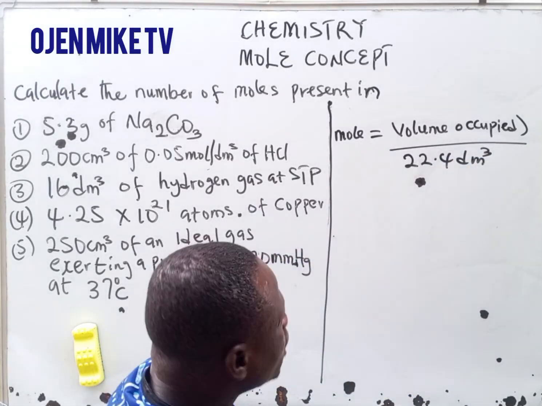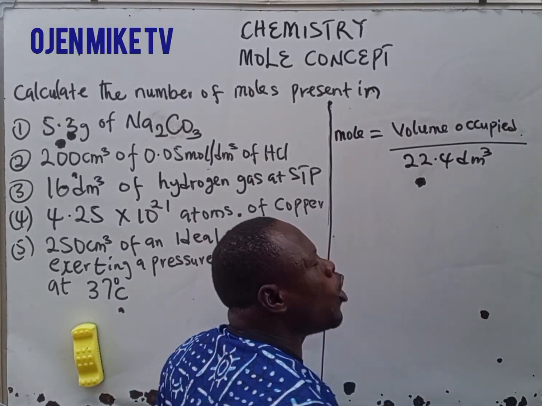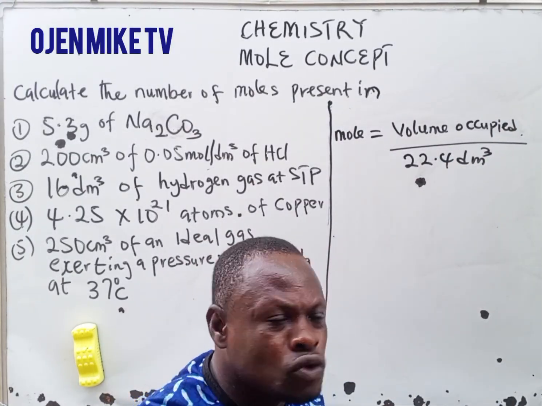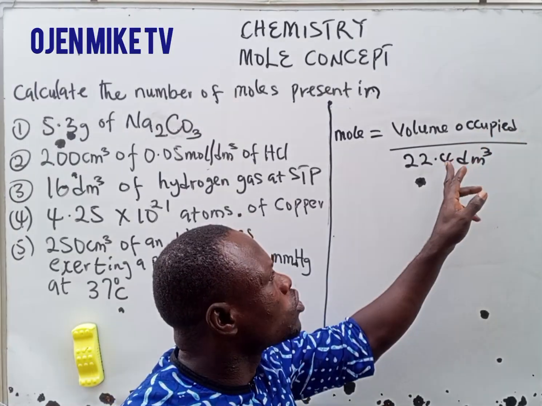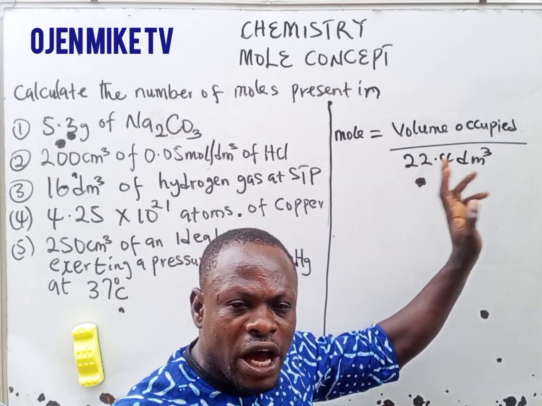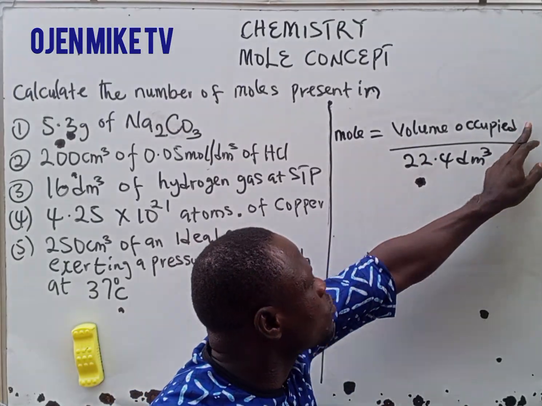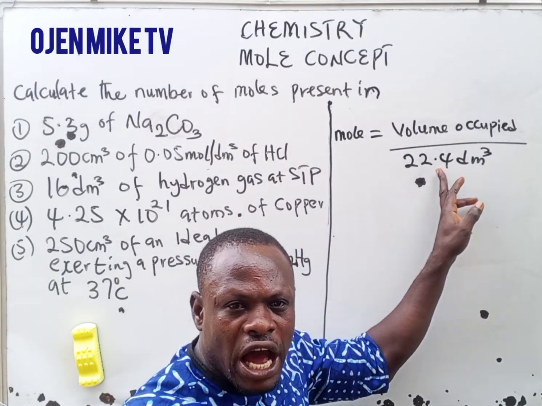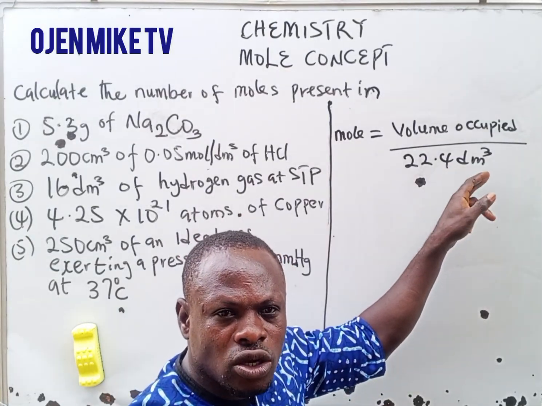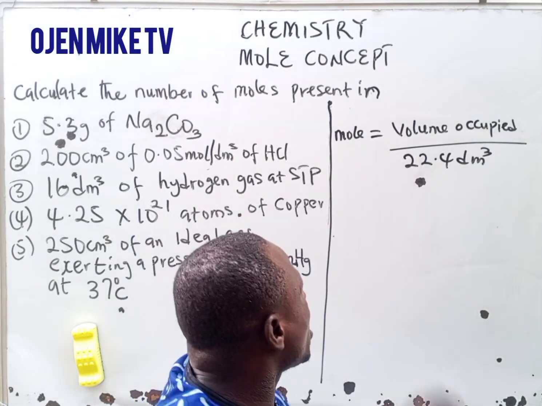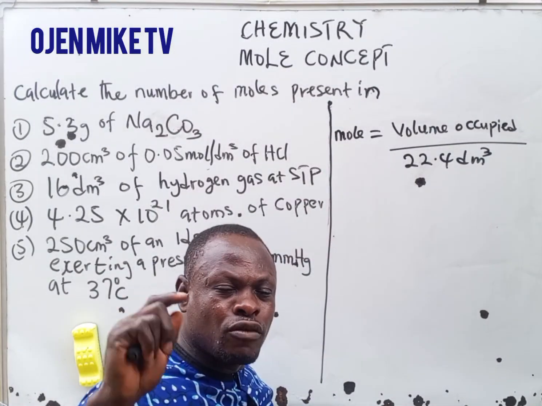Make sure the volume occupied is always in dm cubed. If you are given cm cubed, you need to change it to dm cubed. Or else, if you are given cm cubed, use 22400 cm cubed in this one, by multiplying 22.4 by 1000 to change it to cm cubed.